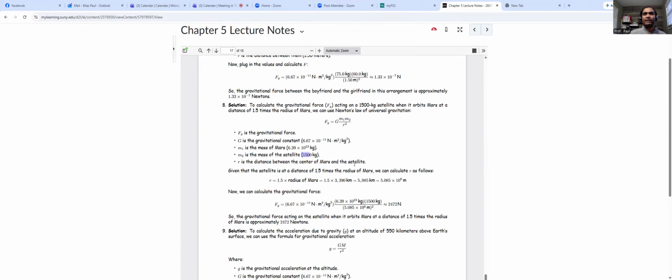The distance from the center of Mars to the orbit where the satellite is orbiting is 1.5 times the radius of Mars. This is given in kilometer, so you have to convert it into meter. Whatever you have here, you multiply by 10 to the power 3. That gives you this much meter.